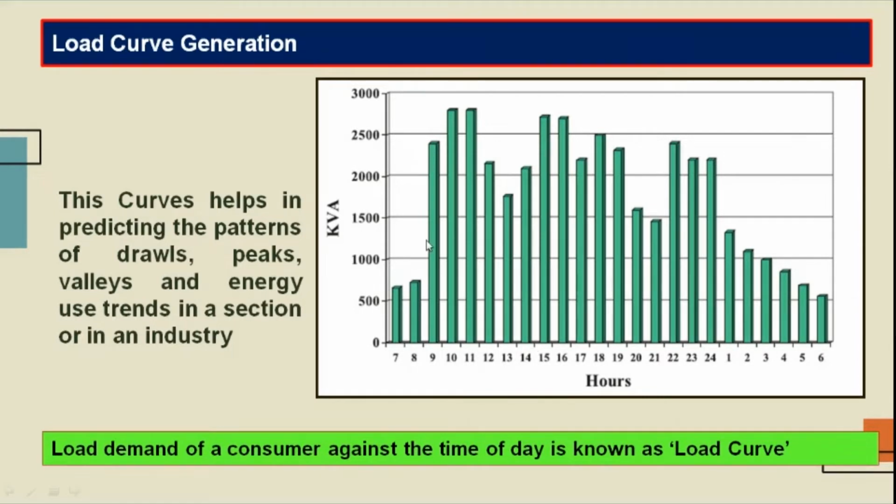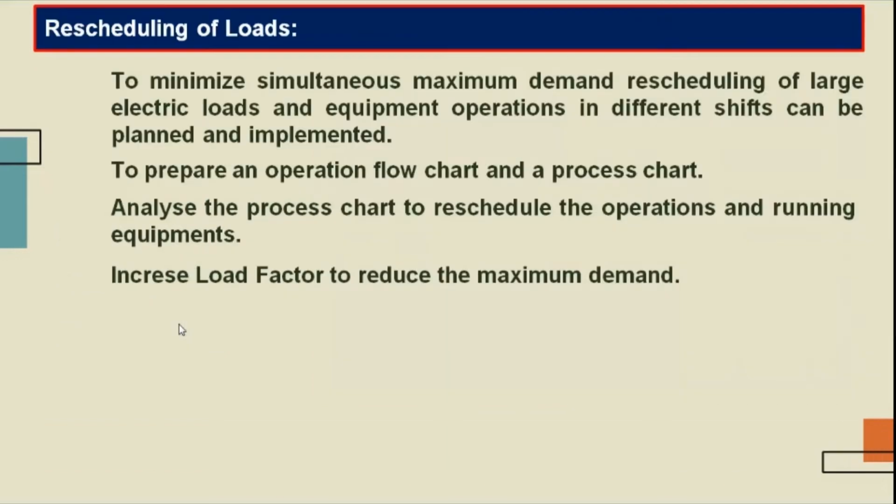And here you will come to know that there are some peaks and some falls. With the help of this curve, we will be able to know the load curve pattern of the particular consumer, and based on that we will be able to decide what the pattern of the curve is for the particular consumer, and based on that, we will be able to optimize our utilization.